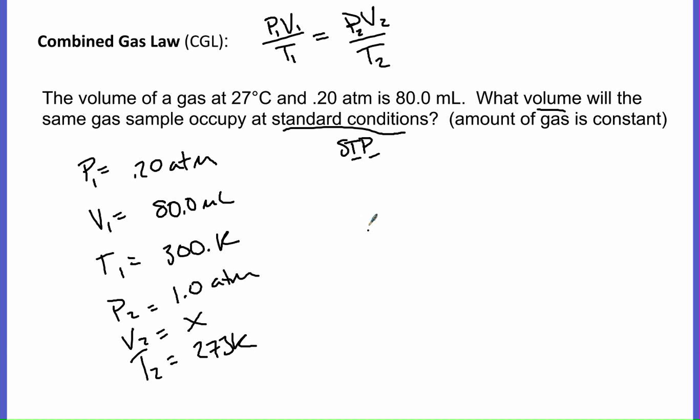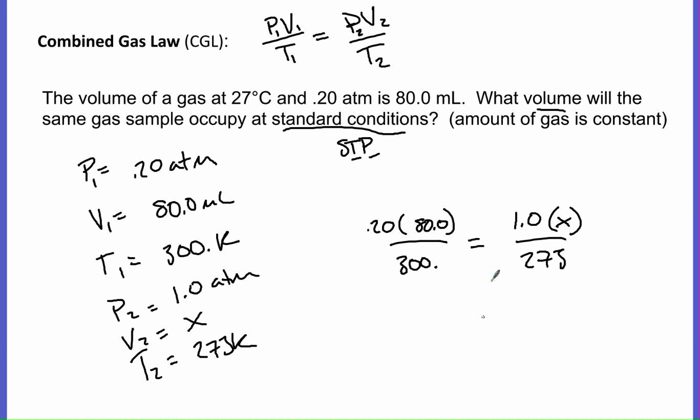I got a 0.2 times 80 divided by 300 equals 1 times x divided by 273. Now this one is a little bit more complicated. It's not quite a fish method, so you do technically have to do some algebra here if that's something that you usually do, fish method.